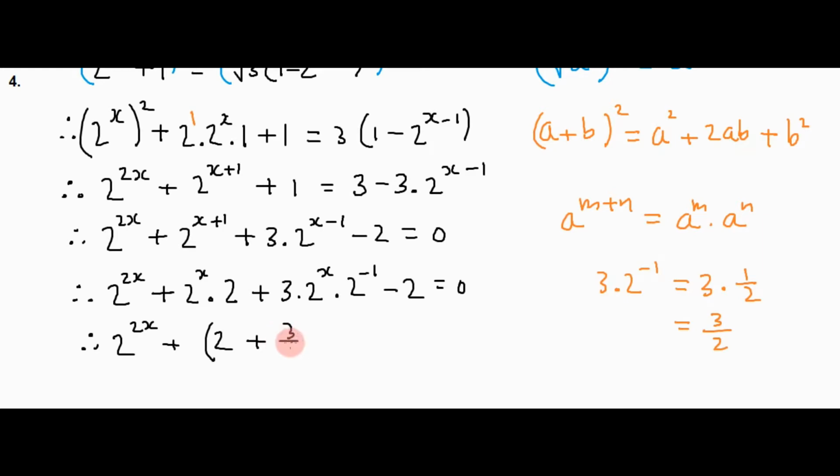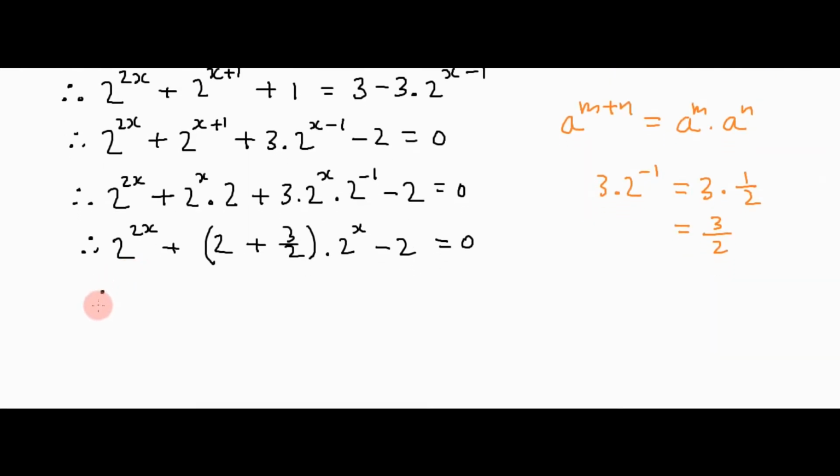So 3 over 2. And here's the 2 to the x that we took out as a common factor from these two terms. Then 2 plus 1.5 is 3.5, which is 7 over 2.